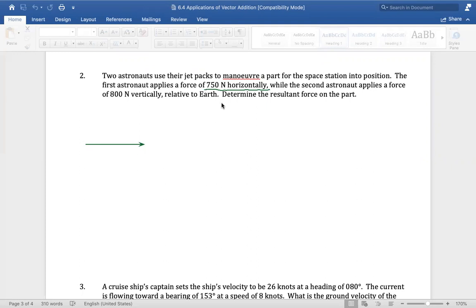I'll put in the numbers and everything later. And the second astronaut applies a force of 800 newtons vertically, which would be going completely north. Now 800 newtons is more than 750, so I have to make it a little bit longer, right?